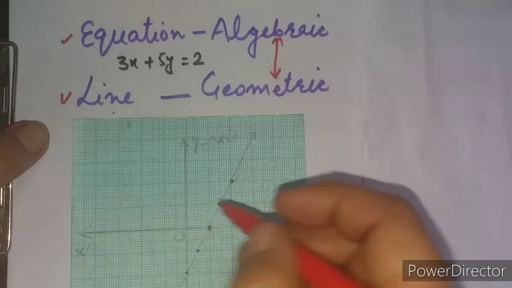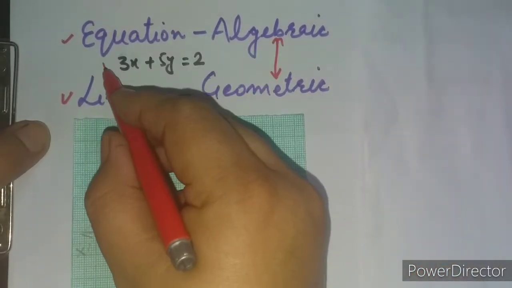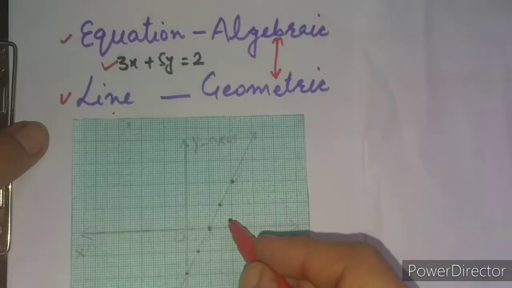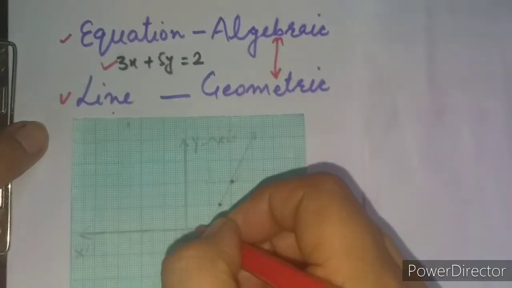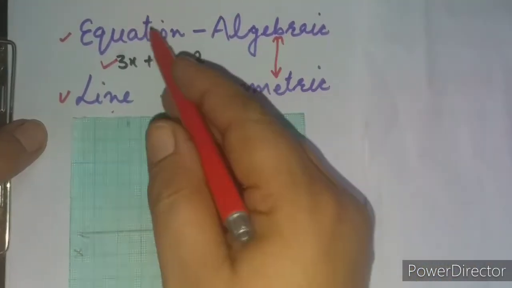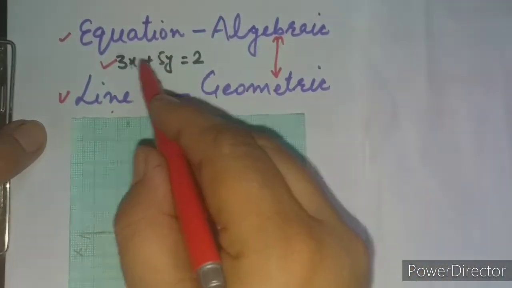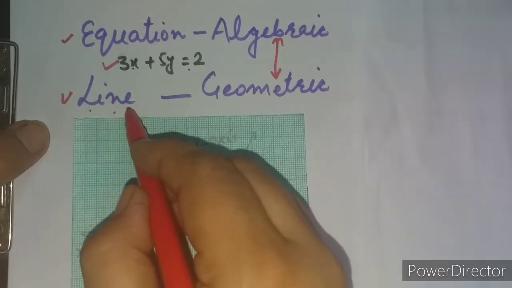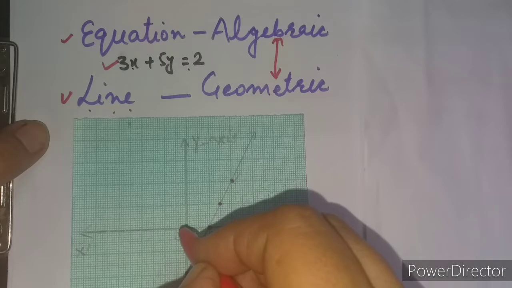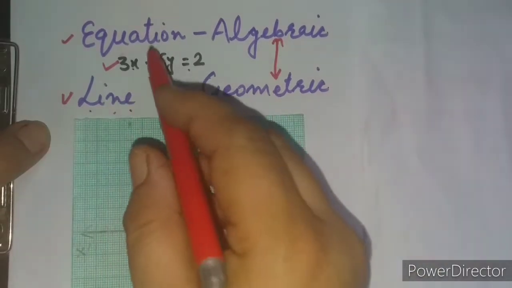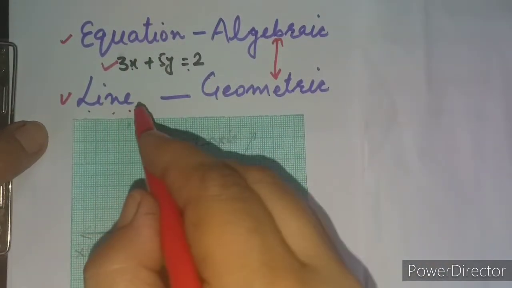So what did we do? We started with an equation, and we ended up drawing a line corresponding to that equation. This is the relation between the equation and a line. For every equation, we have got a straight line which can be represented on a graph paper. Again I am repeating, for every equation there is a line.